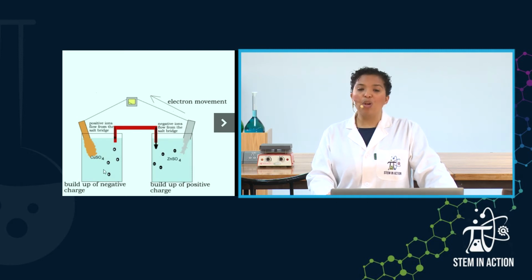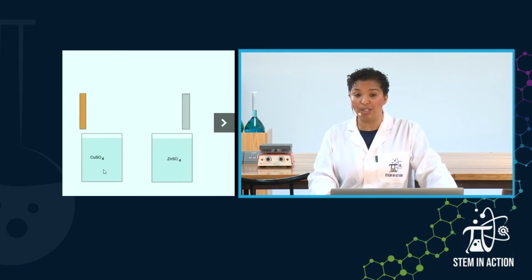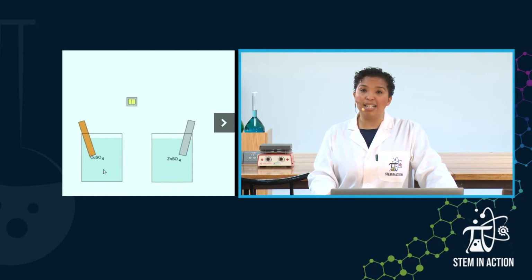If that salt bridge does not exist, if that component of the galvanic cell is not there, we will not get a flow of electrons from our oxidation half cell through the external circuit into the reduction half cell.